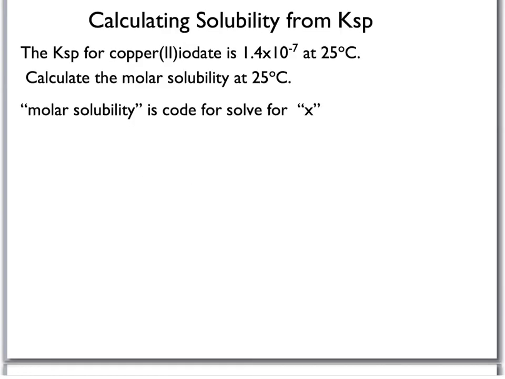So now we're going to do the opposite. We're going to calculate the molar solubility if we are given Ksp. The idea is pretty much the same though. First things first, we're going to write the formula or the equation.